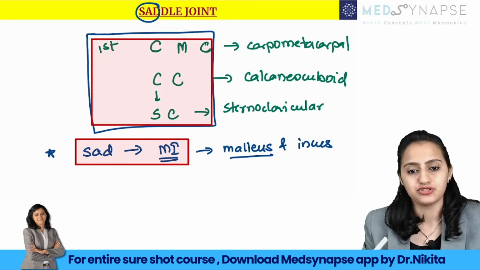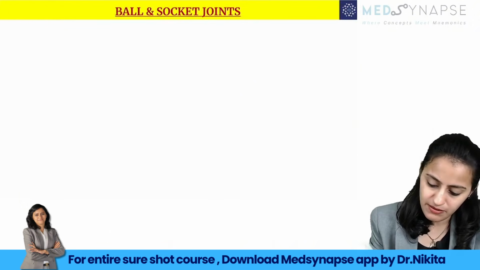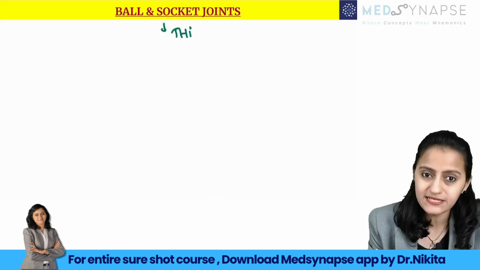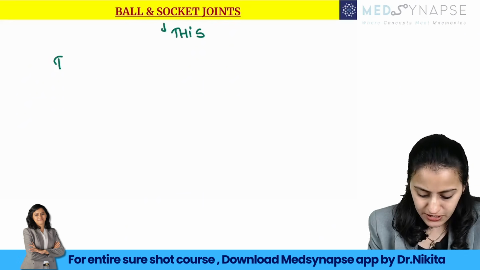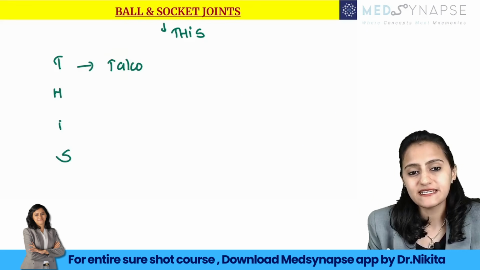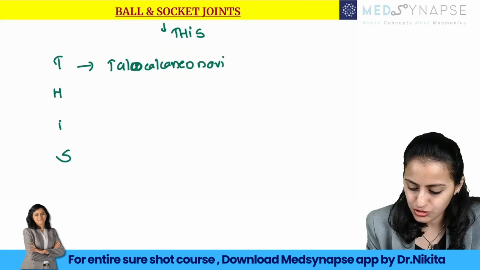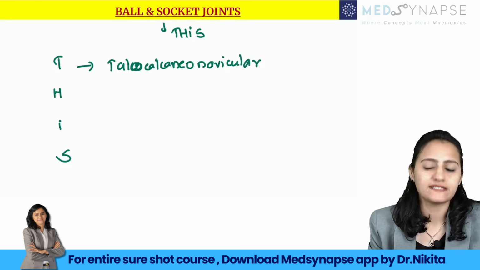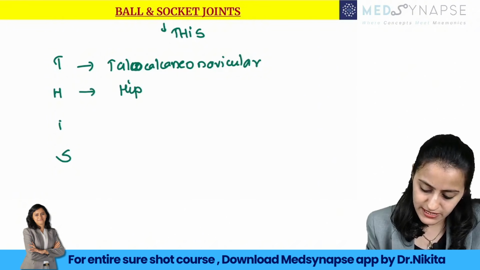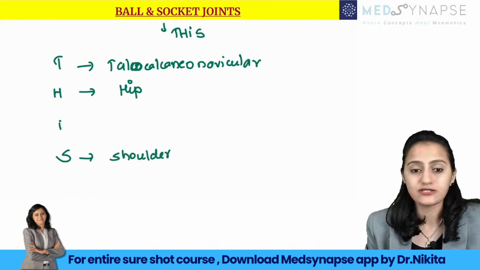For ball and socket joints, the trick to remember is this. Remember THIS: T for TCN, the talocalcaneonavicular joint is a ball and socket joint. The hip joint is a ball and socket joint. The shoulder joint is a ball and socket joint.